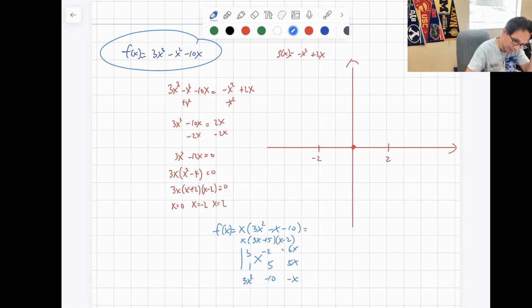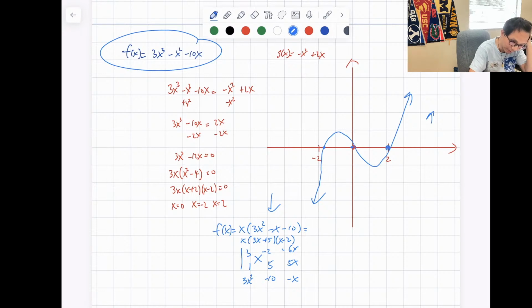So that means on the blue part, there was 2, 0, and this here. The graph is going to be something like this. Because this side's down, this side's up, it's 3x cubed.